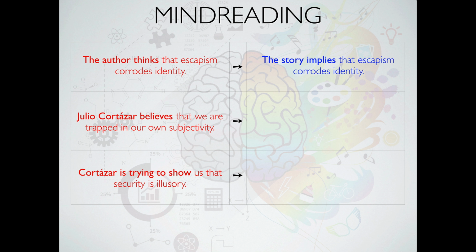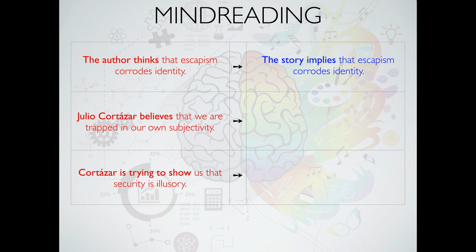You don't know what the author thinks, but you can interpret what the story says about escapism. Instead of, "Julio Cortázar believes that we are trapped in our own subjectivity," you could write, "The narrator shows how we are trapped in our own subjectivity."